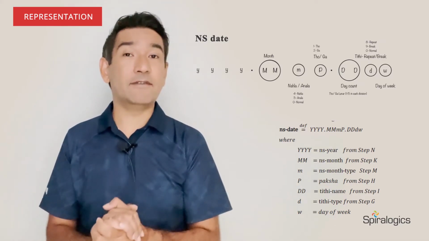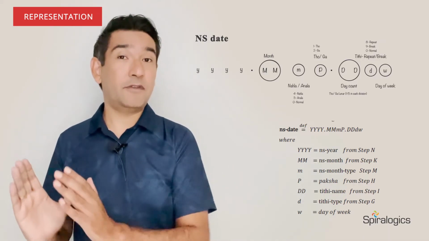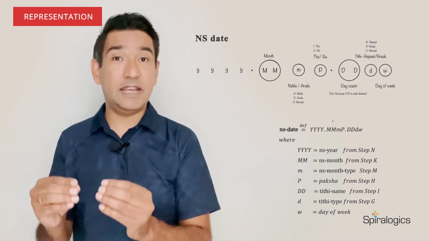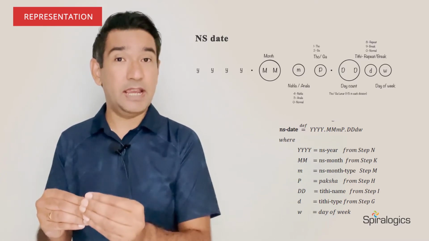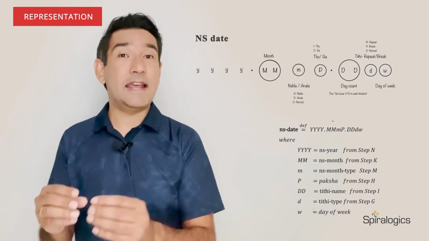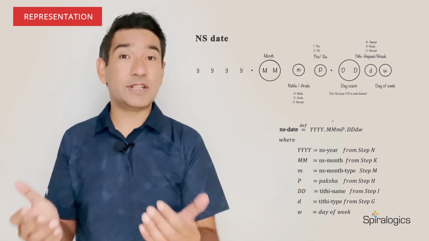Then we have days, which can be a number from 1 to 15. After that we have an indicator showing if a day is repeated 8 or skipped 9, and after that, the day of the week. Using this representation, any day can be represented in the NS calendar, and this can be used for any calculations further along to convert dates to and from NS dates.